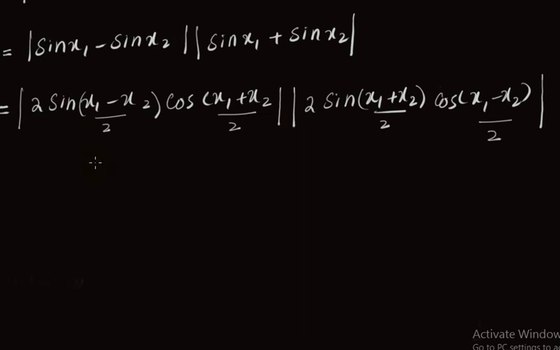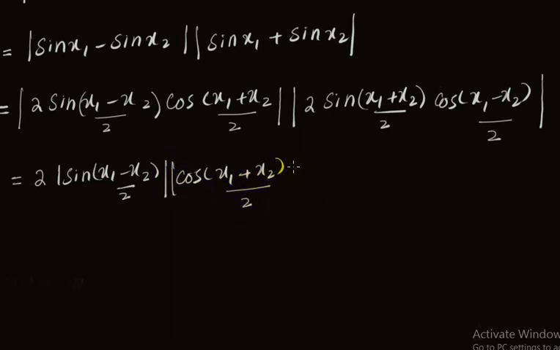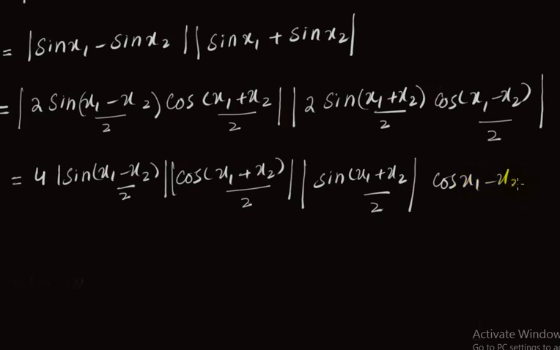By using the property of modulus function, mod of 2 is equal to 2, since 2 is a constant, so it can be written as 2 times mod of sine of x1 minus x2 by 2, mod of cos of x1 plus x2 upon 2, and likewise for the other factor. Multiplying 2 into 2 gives 4, so we get 4 times mod of sine of x1 plus x2 by 2 and mod of cos of x1 minus x2 upon 2.